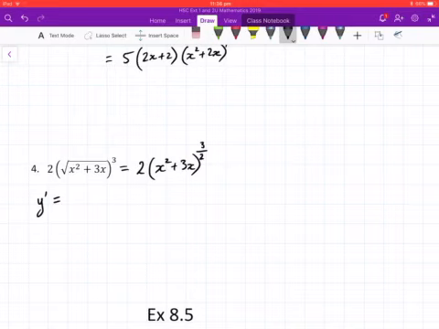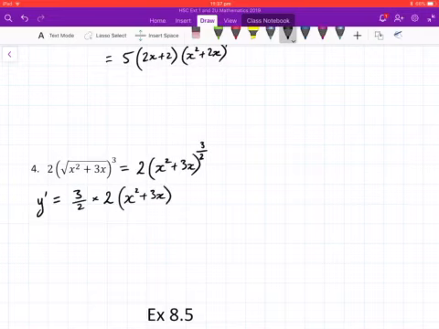Now when I differentiate, what happens? The power, 3 on 2, comes down, so it's going to be 3 on 2 times, the 2 is still there, so I'm just going to keep it there, times what's inside the bracket stays the same, to the power of 3 on 2 minus 1. Times the derivative, the gradient function of what's on the inside. The derivative of x squared is 2x, and 3x has a derivative of 3.